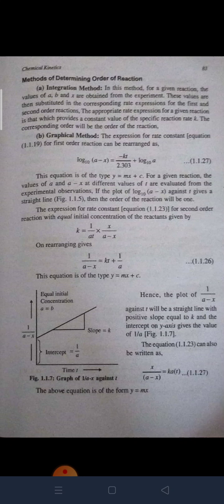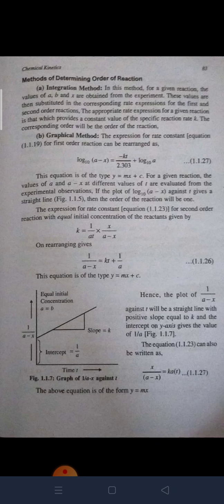Graphical method. The rate equation for the first order reaction can be written as log10 (a minus x) is equal to minus kt upon 2.303 plus log10 a. This equation is in the form of y equals mx plus c. This you have to remember. Then you can plot it.